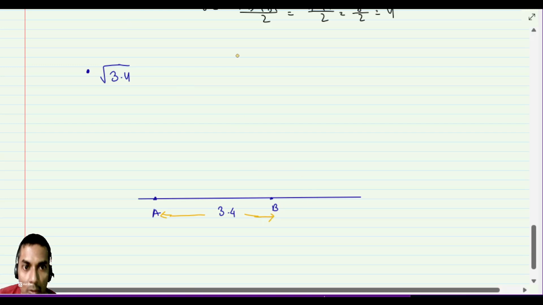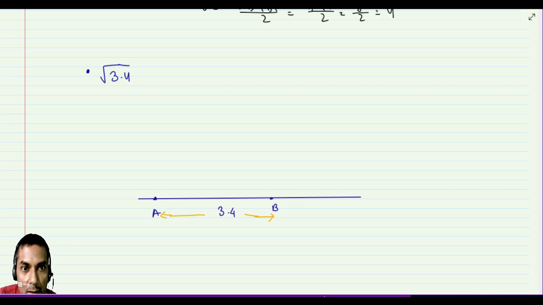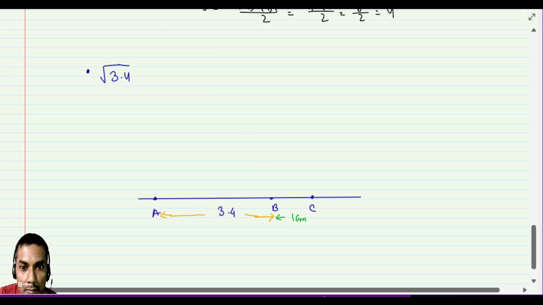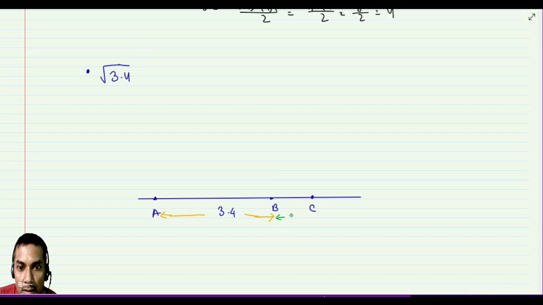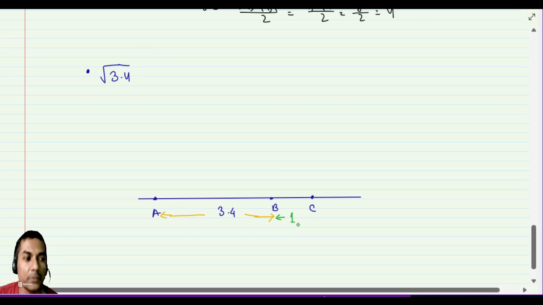Then you consider 1 centimeter here. I'm not using just any unit, but for your simplification, if you apply the scale, you get the same result. Take the 1.